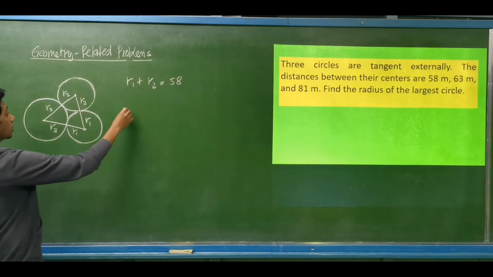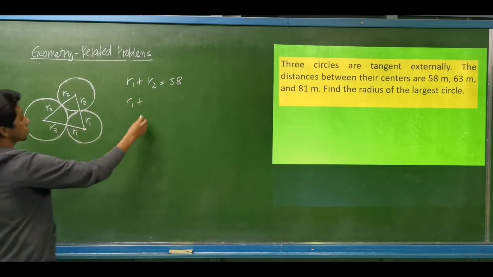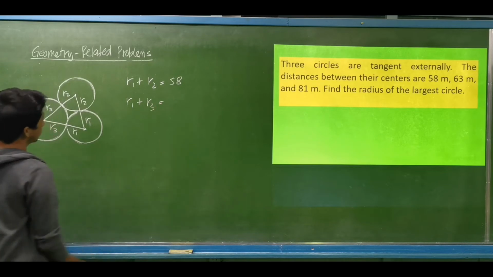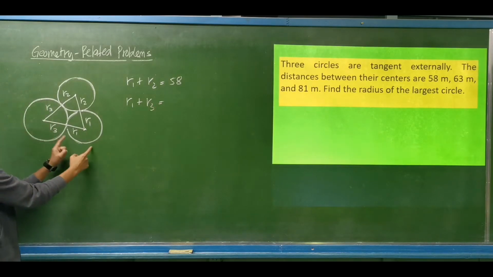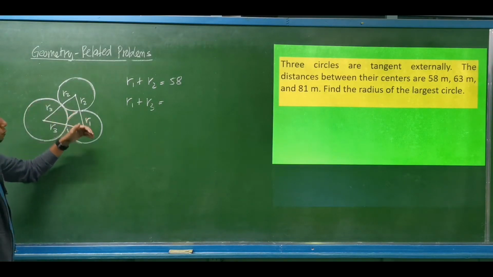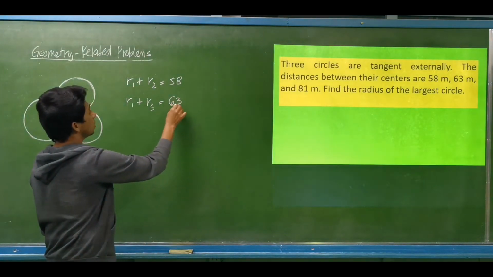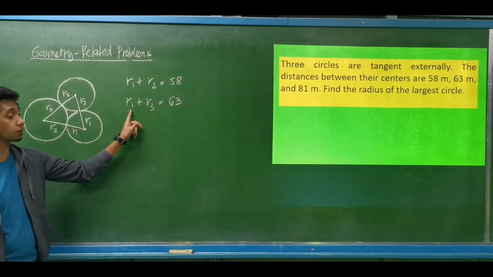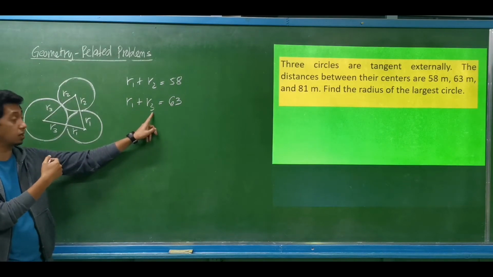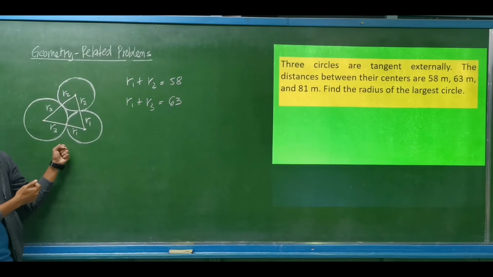Then we have radius number 1 plus radius number 3, the radius of the small circle plus the radius of the largest circle. So we assume that to be a medium value, 63 meters.